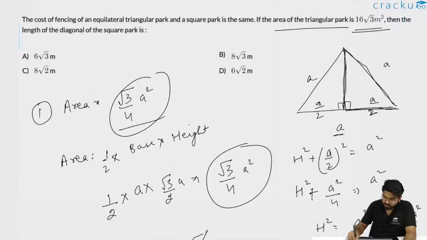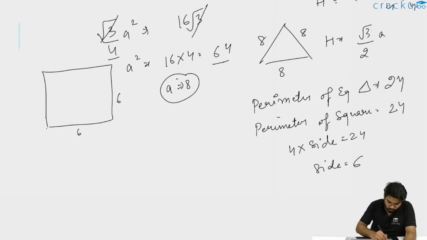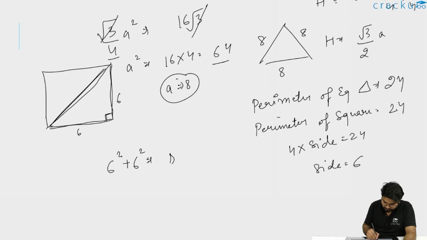Now let's check what is asked. We are asked the length of the diagonal of the square park. Again we can apply the Pythagoras theorem, because the perpendicular and base have a 90-degree angle. So 6 square plus 6 square is equal to the hypotenuse, or diagonal square.